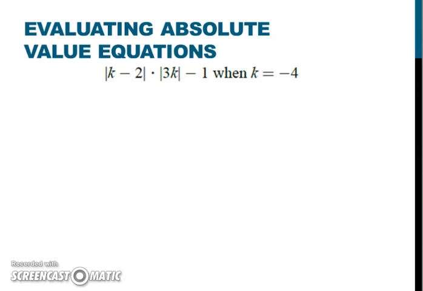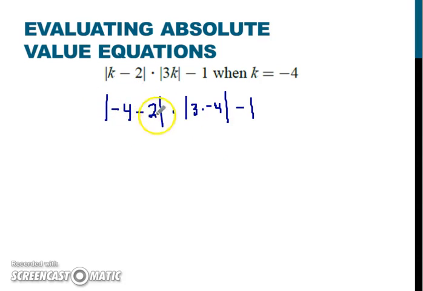Another example, this time we've got k equals -4. So we'll substitute in -4 first, so I recommend rewriting the entire problem. So the absolute value of -4 minus 2, times the absolute value of 3 times -4, and then minus 1.